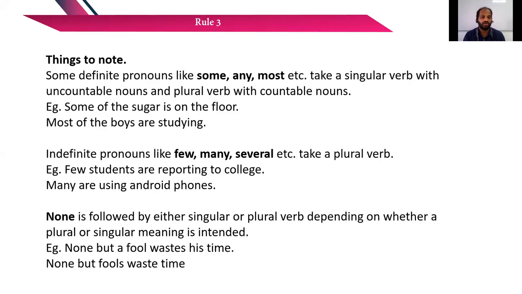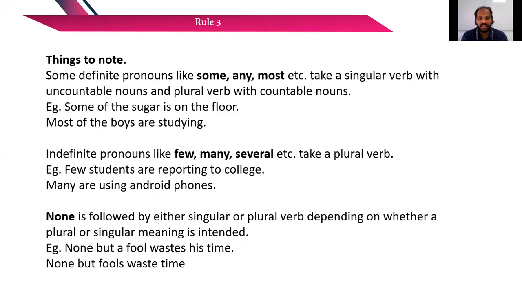Again, things to note here under the same rule. Indefinite pronouns like some, any, most, etc. take a singular verb with uncountable nouns and a plural verb with countable nouns. Some can be used with countable or uncountable nouns.